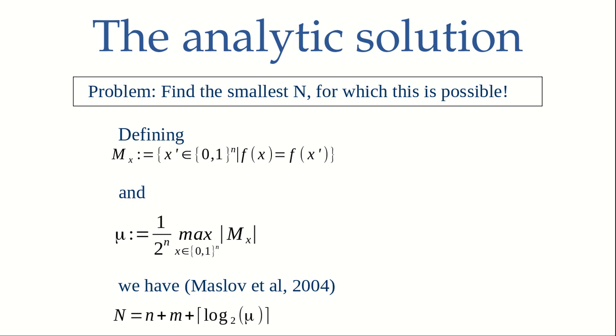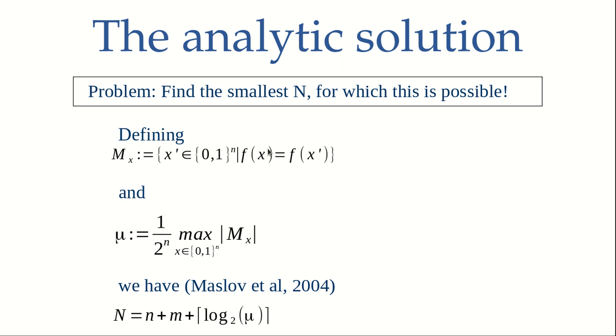So this analytic solution is given by a few mathematical identities. So we define the quantity m of x as the number of input patterns that are mapped by the function f to the same output as x.